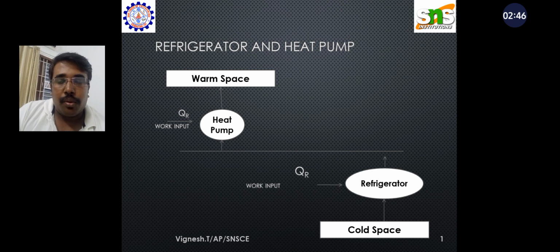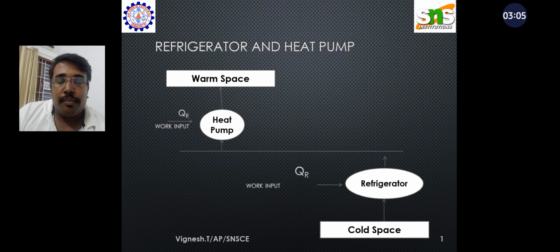For example, if I am in London and the atmospheric temperature is 12 degrees centigrade, I have to keep the room at a higher temperature than the atmosphere.